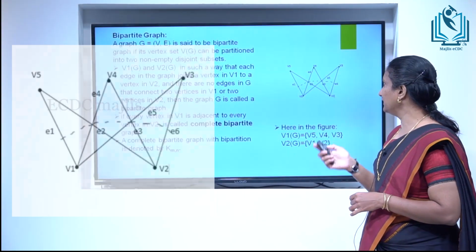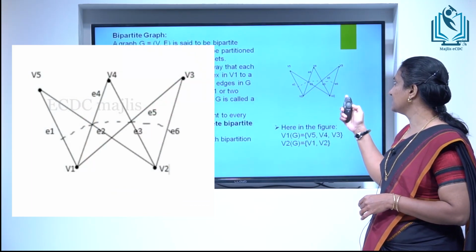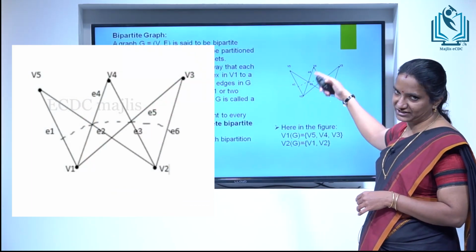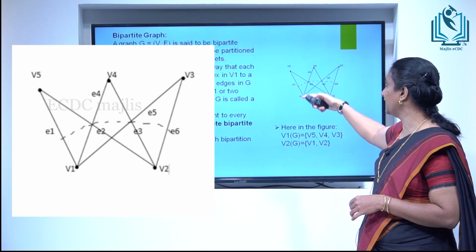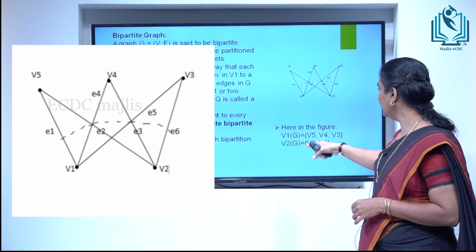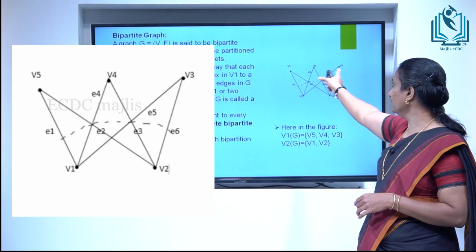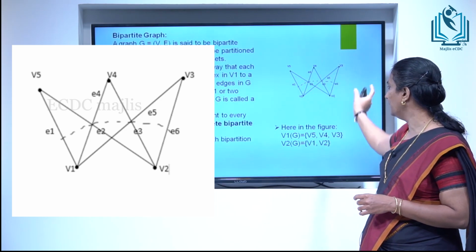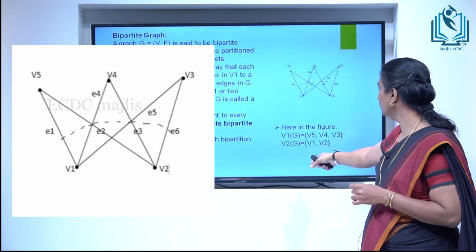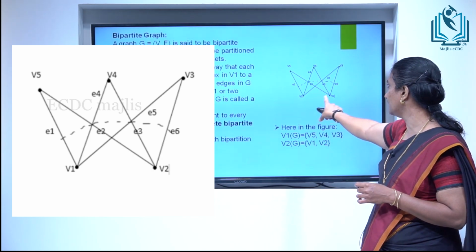In our example graph, the graph is partitioned into two sets, that is V1 of G and V2 of G. In V1 we have 3 vertices V5, V4 and V3, and in V2 we have 2 vertices V1 and V2.